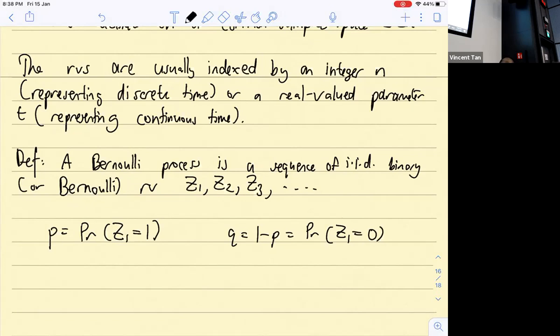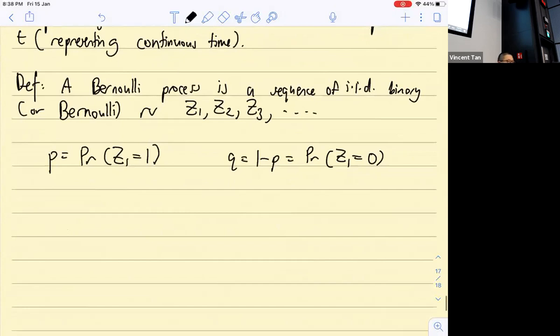So this binary or Bernoulli random variable has support {0, 1}. You can define Ising random variables, where the support can be {-1, 1}, but they are isomorphic, so who cares? Usually when we talk about these sorts of random variables, we want to tell a story. Without a story, it's very difficult to motivate why we care about these things.